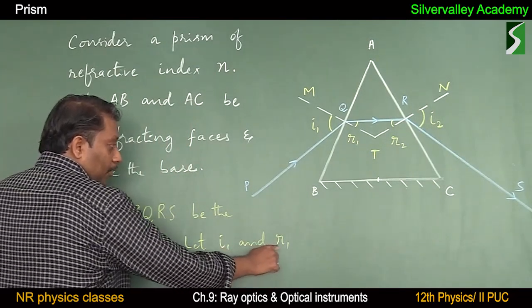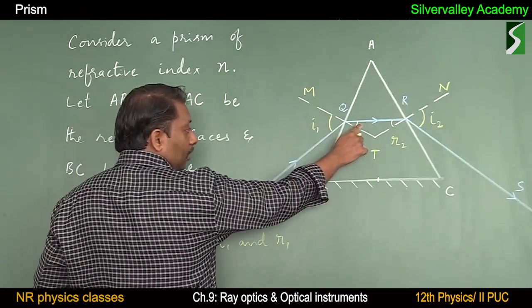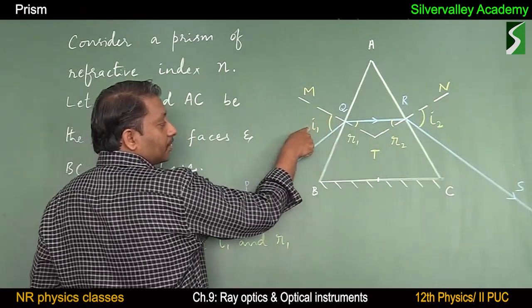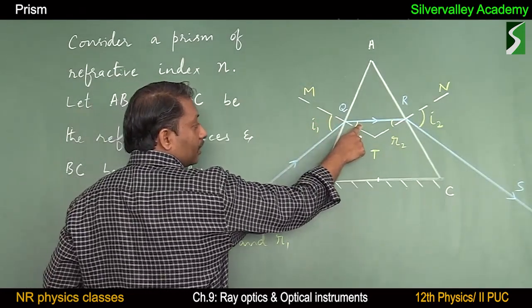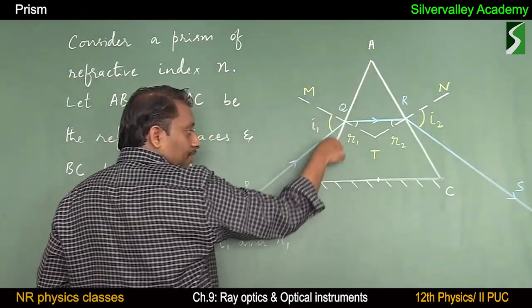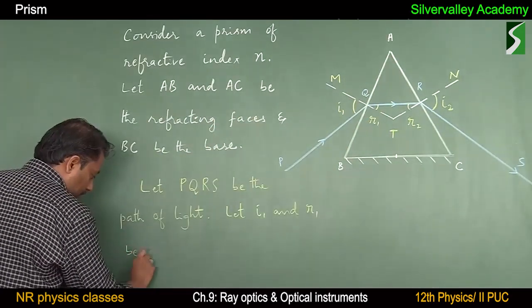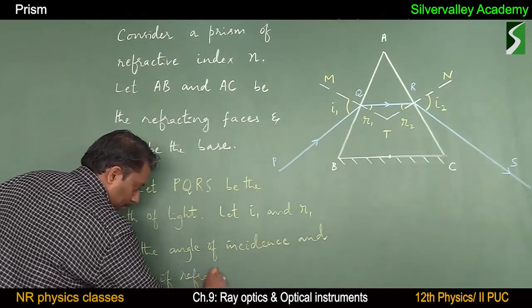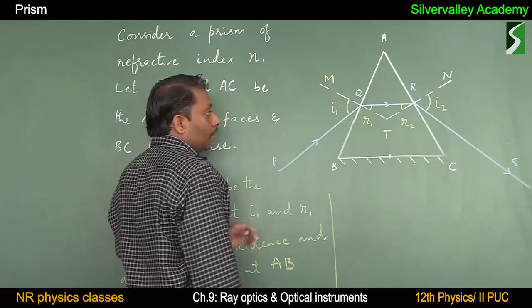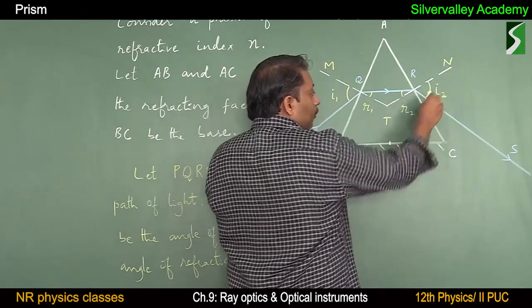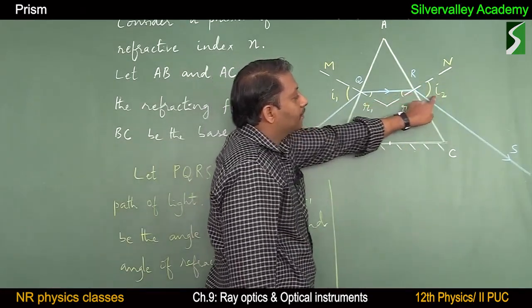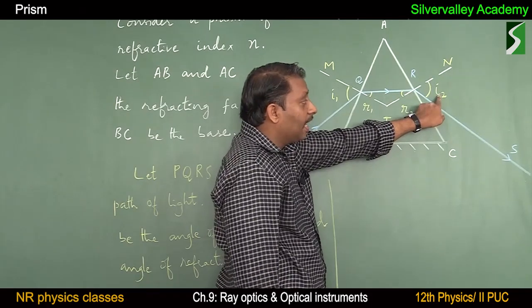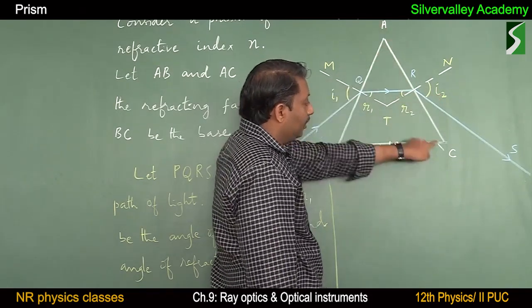Let I1 and R1 be the angle of incidence and angle of refraction at the interface AB. Let R2 and I2 be the angle of incidence and angle of refraction, angle of emergence at AC.